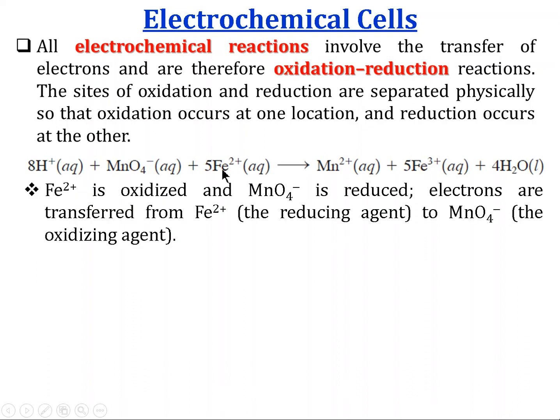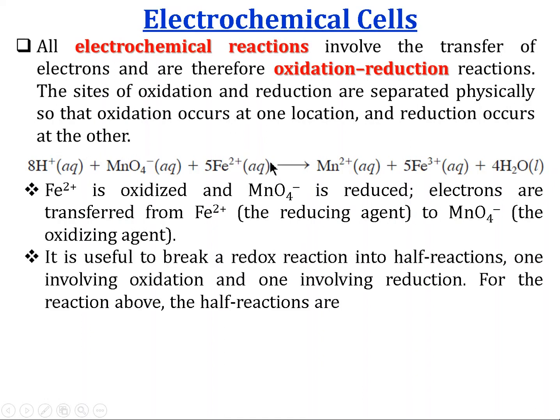In this reaction, Fe2 plus is oxidized by the oxidant MnO4 minus, or MnO4 minus is reduced by the reductant Fe2 plus. So the electrons are transferred from the reductant Fe2 plus to the oxidant MnO4 minus, which are transformed respectively to Fe3 plus and Mn2 plus.